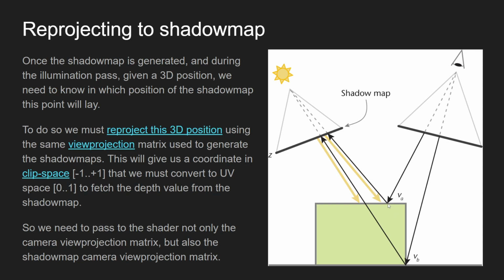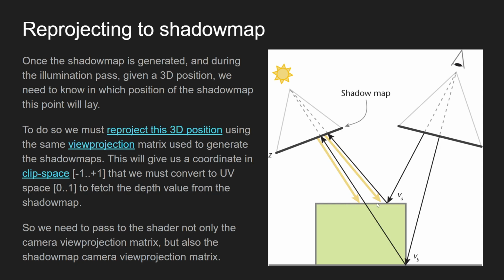Remember that when you render a 3D scene, you're multiplying every vertex by the view projection matrix to know the 2D coordinate. So if we want to know, for one given 3D world point during the final pass, the illumination pass, where does it fit? What we do is multiply it by the view projection of the light, not the camera, because that's already done to render the triangle.